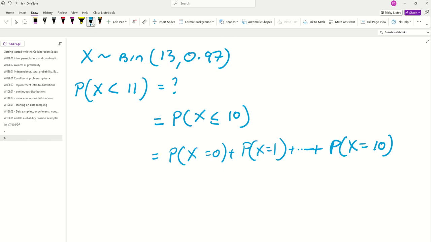So let's use complementary events to rewrite this probability. The complement of X less than 11 is X greater than or equal to 11.